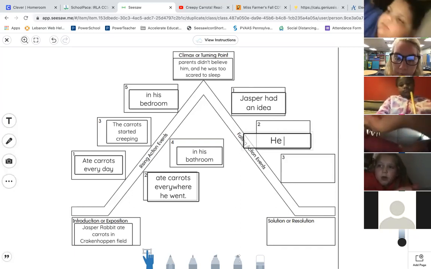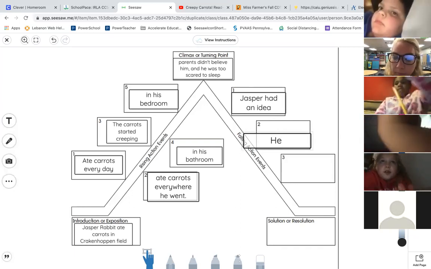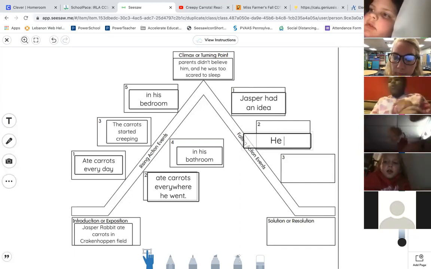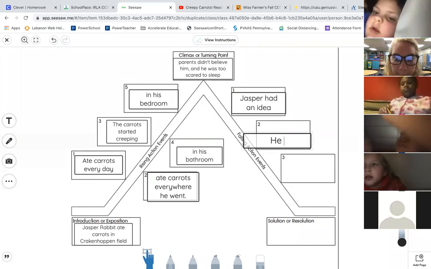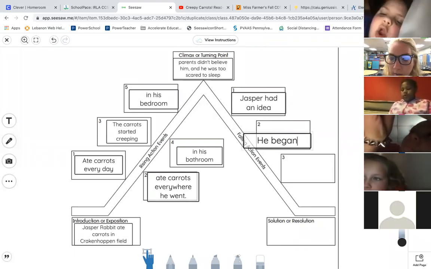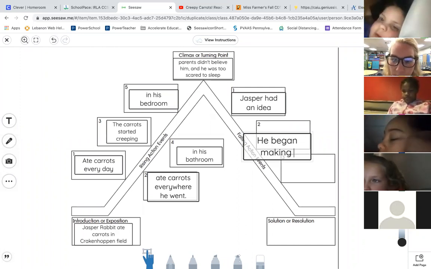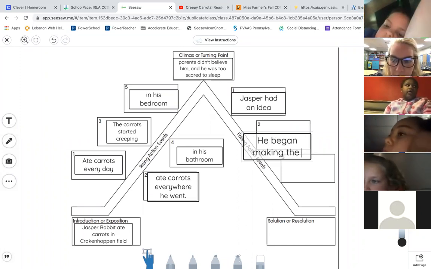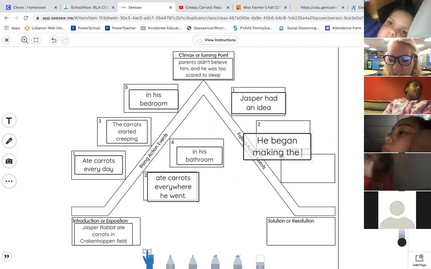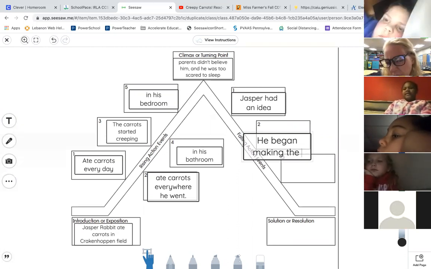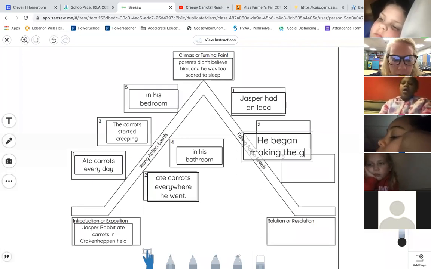He did what? He wants to go make the thing. Yeah, making the gate, a big gate with water.